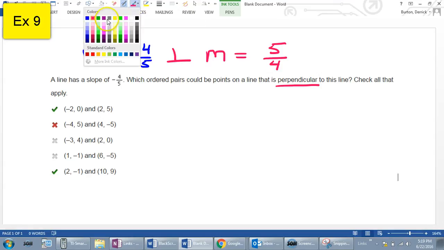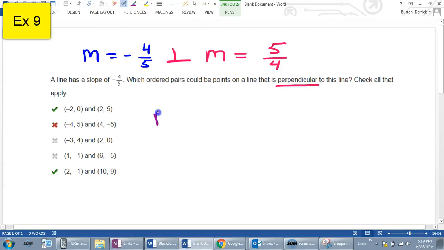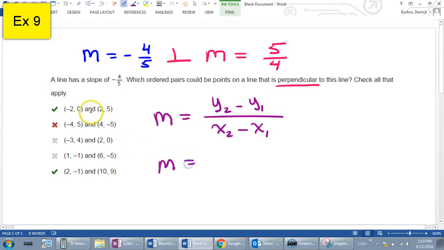So let's use the slope formula. Rise over run becomes y2 minus y1 over x2 minus x1. That's your slope. If I check each one of these one at a time, for the first pair, that would be y minus y, that's 5 minus 0, and x minus x, that's 2 minus -2.